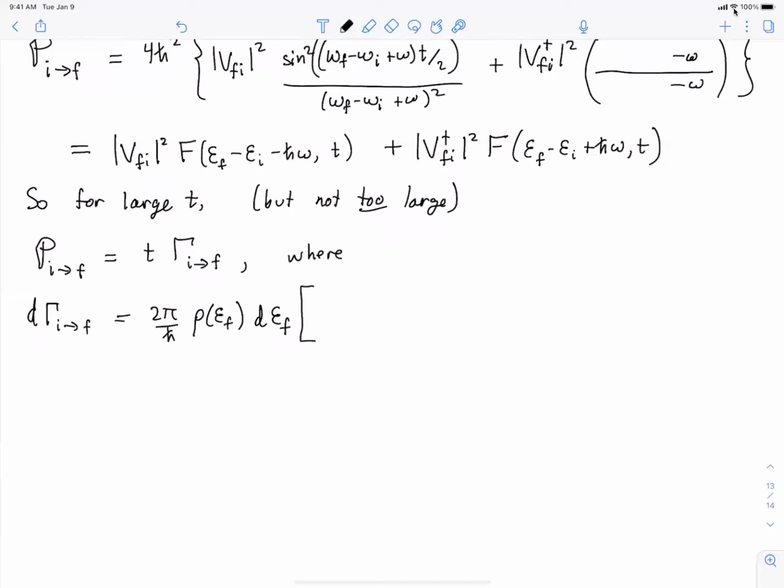Then we have our matrix element, which we're writing in shorthand notation, times the delta function. Should be minus h bar omega, I think.